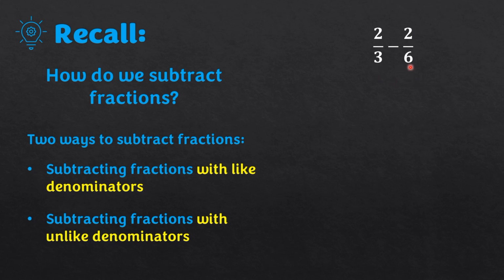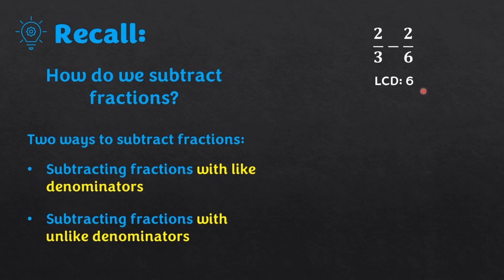The prime factor of 3 is simply 3, and the prime factor of 6 is 2 and 3. Both of these have a common factor which is 3. So we will multiply it by 2, which is the prime factor of 6. So 2 times 3, we will have 6. So the LCD of this is 6.